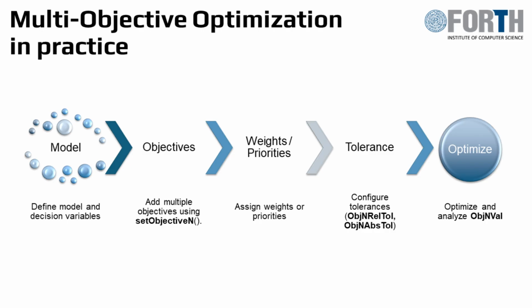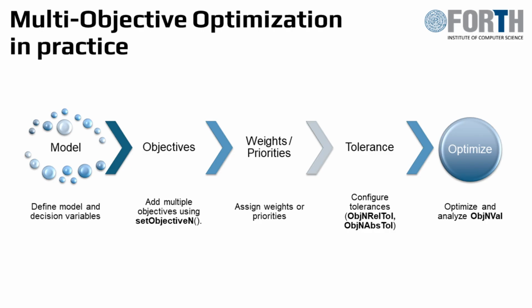Then, tolerances are configured. These parameters control whether lower priority objectives are allowed to slightly degrade higher priority ones, and by how much. This step is essential for managing controlled trade-offs. Finally, we optimize and analyze the objective values obtained for each defined objective.